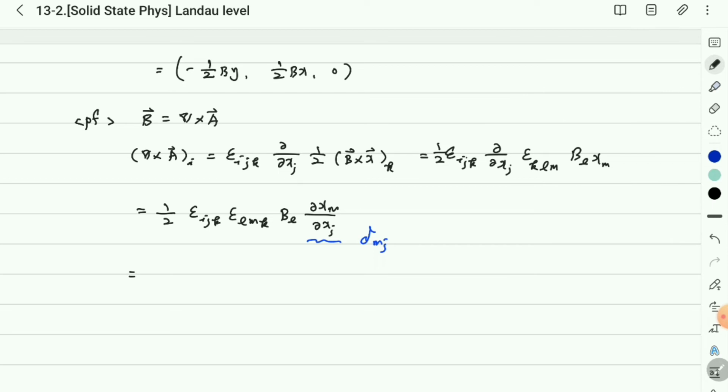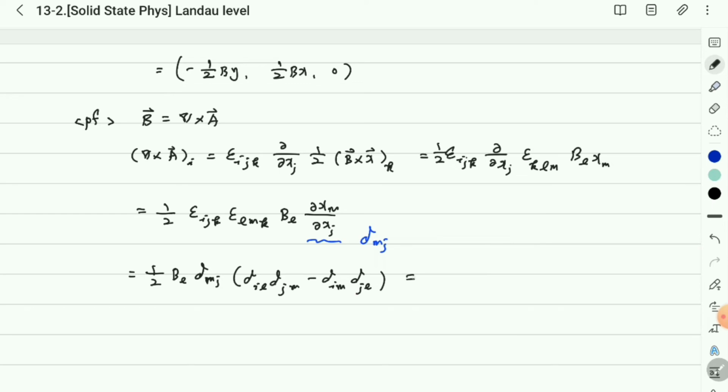And also from the rainbow rule, it is 1/2 B_l times Kronecker delta mj times (Kronecker delta il Kronecker delta jm minus Kronecker delta im Kronecker delta jl).